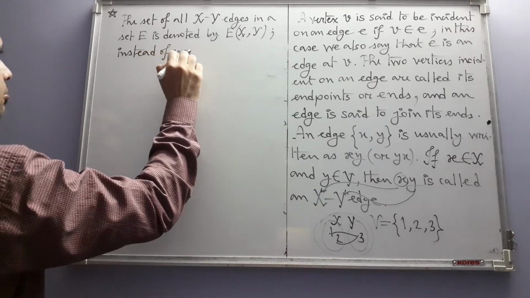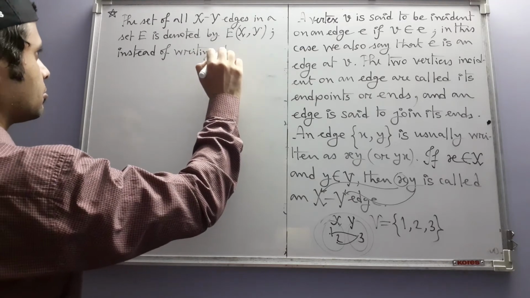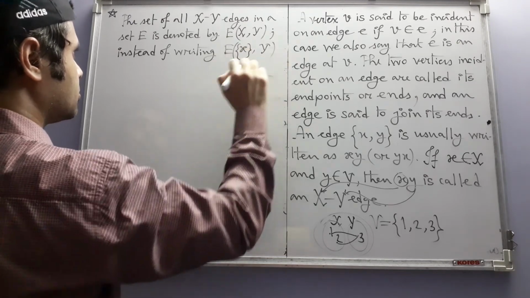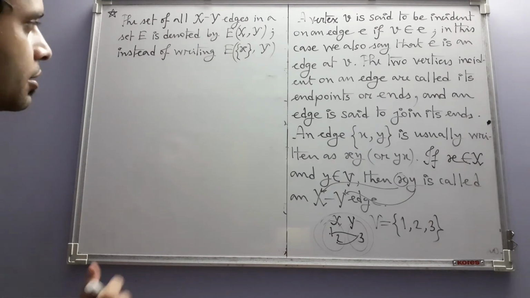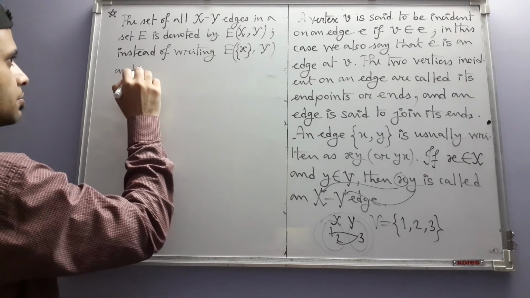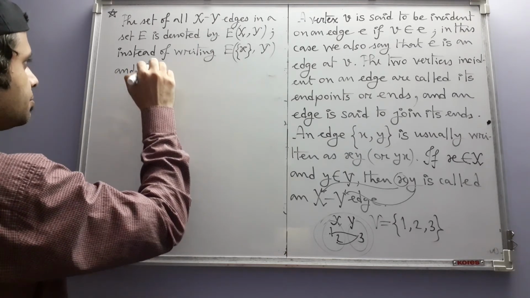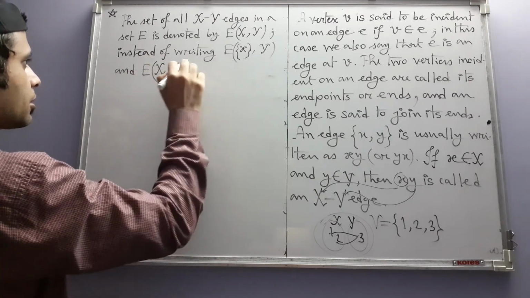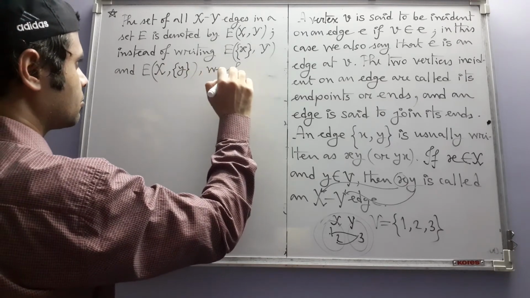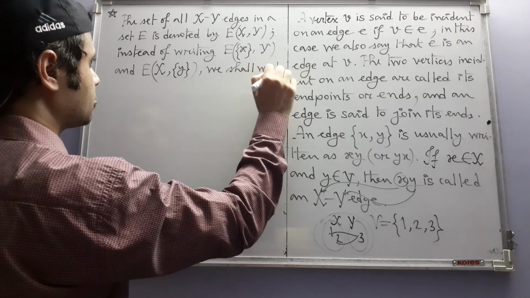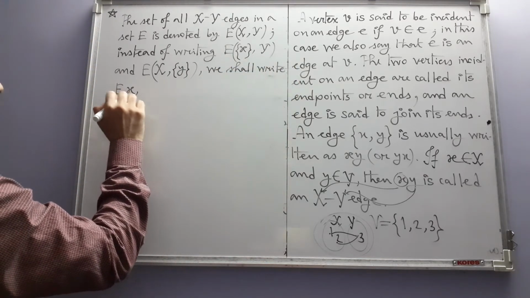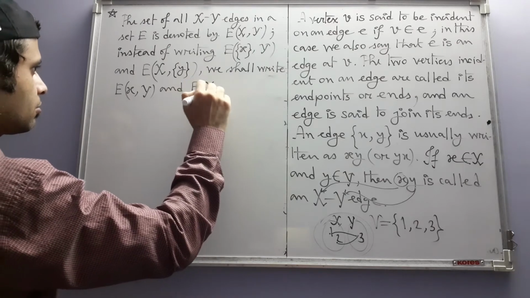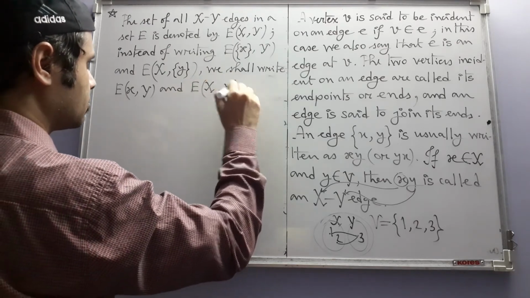Instead of writing E(X, Y), say if your first set has only one vertex, or the second set has only one vertex, we shall write E(x, Y) and E(X, y) respectively.